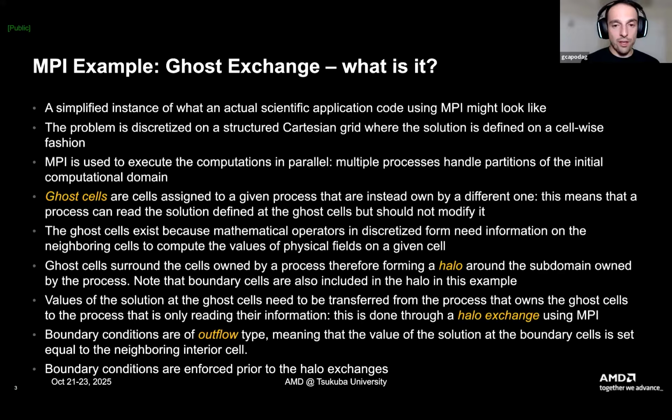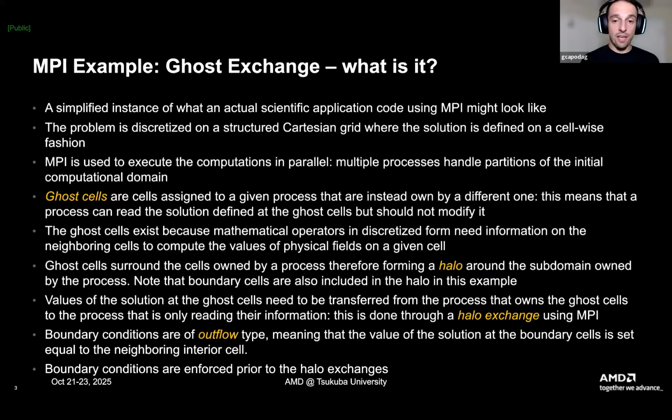We are using a kernel that we refer to as the blur kernel, where this initial distribution of the solution is progressively averaged as the simulation moves forward. There is a 5-point stencil that takes information from the present cell and its 4 neighbors, averages the values of these 5 cells, and stores the result at the center cell.